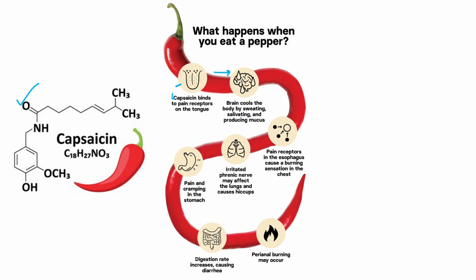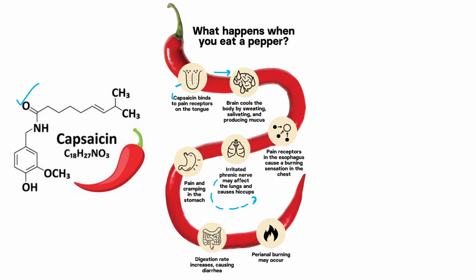Then your brain, in response to these pain receptors, will try to cool the body by sweating, salivating, etc. And when the capsaicin reaches the esophagus, it causes a burning sensation in the chest or the lungs, and then the subsequent things will happen.